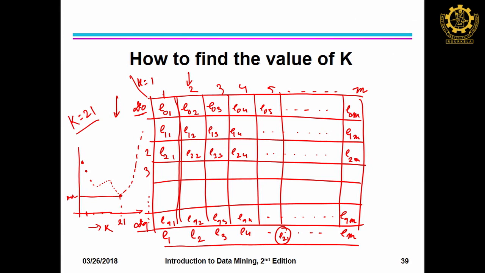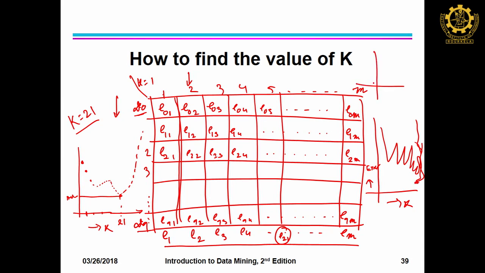Now, very likely you will get this type of curve. If you do not, let us say this is k and this is the error, and it happens like that, scattered everywhere, then obviously there may be a problem with the training data set.